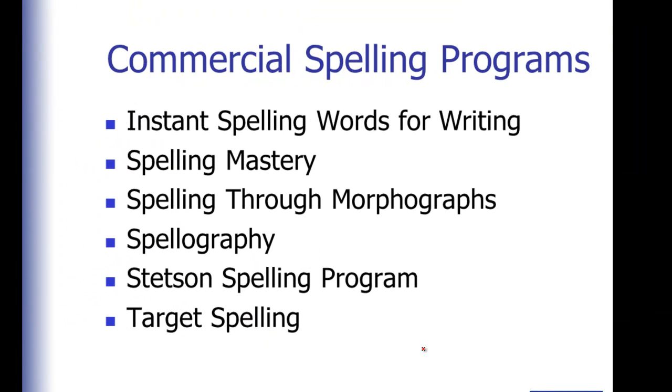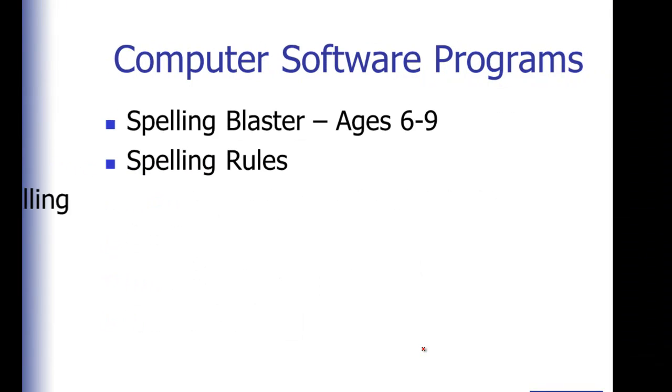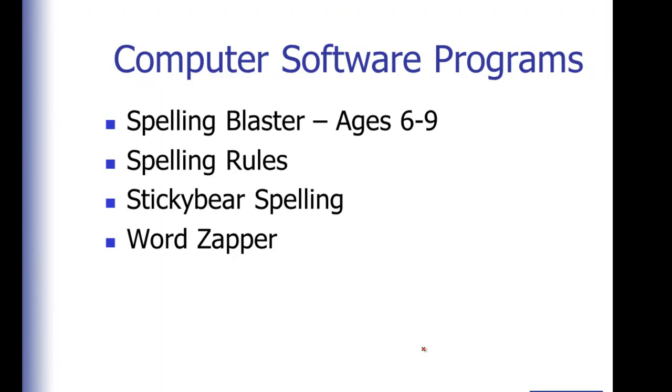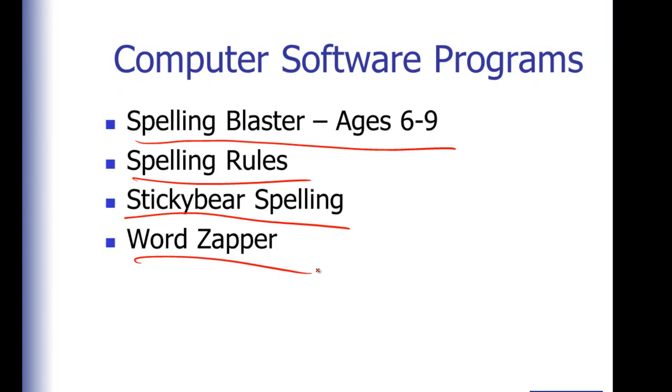These are commercial ones that you buy; your school would buy them. And then software programs. Surely you've heard some of these, like Spelling Blaster. If you've worked in elementary spelling at all, you've heard of some of these. Okay, Chapter 9, Assessing and Teaching Spelling.